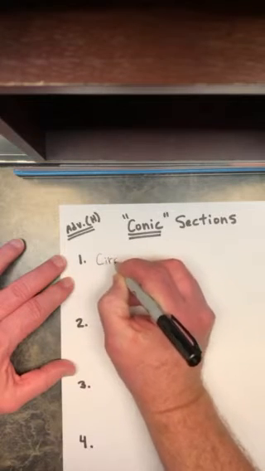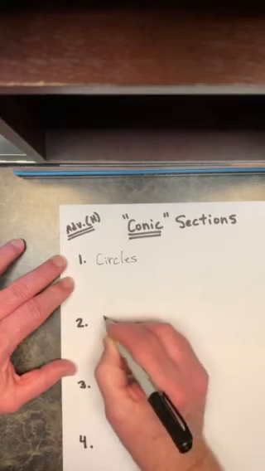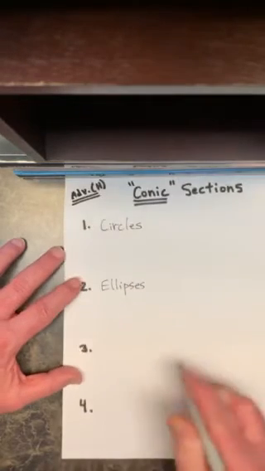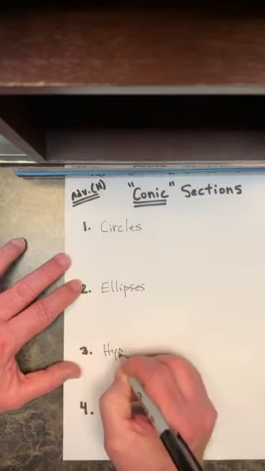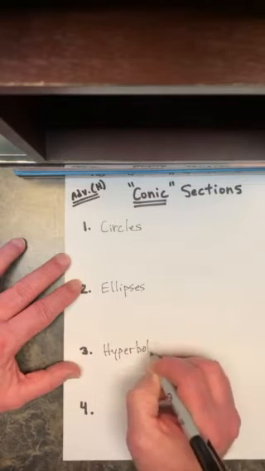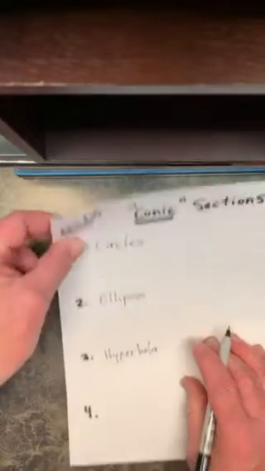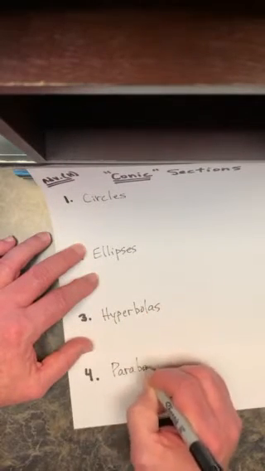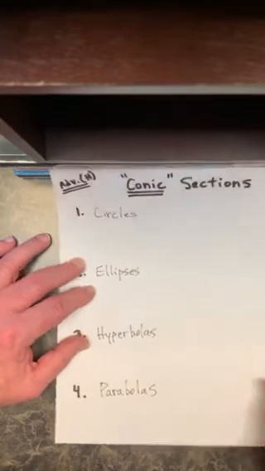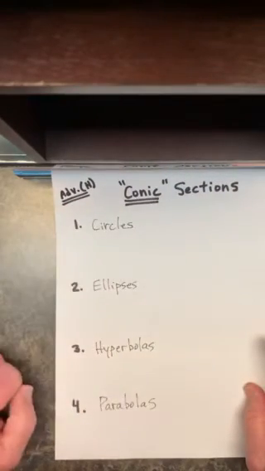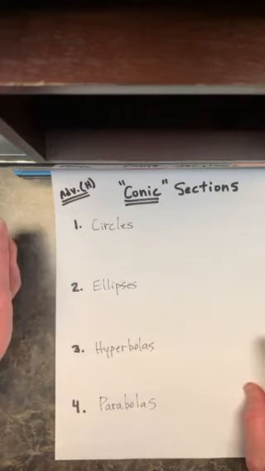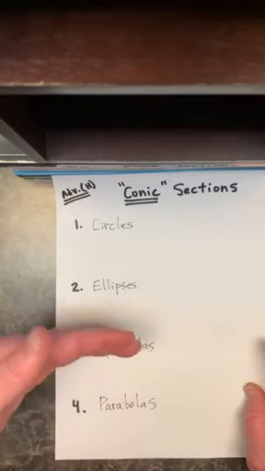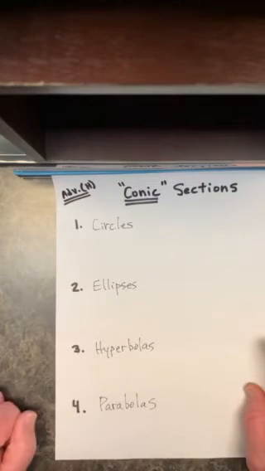We've got circles, we've got ellipses, we've got hyperbolas, and finally, the last category would be parabolas. Now, as I work my way through these and talk about them very briefly today, we will then focus on one different conic section per day for the next 4 days in a row.